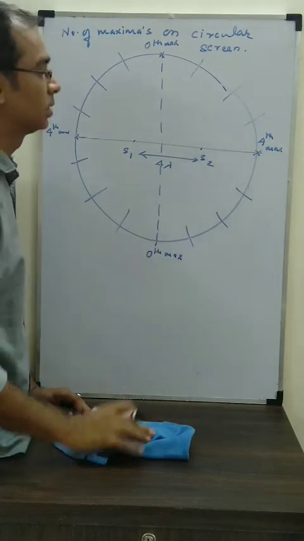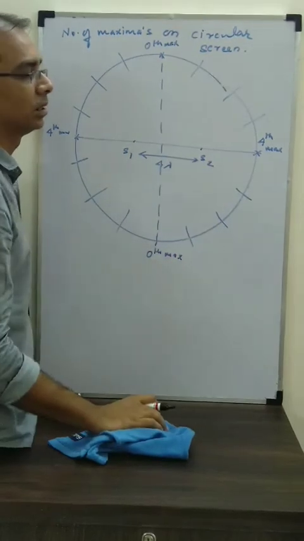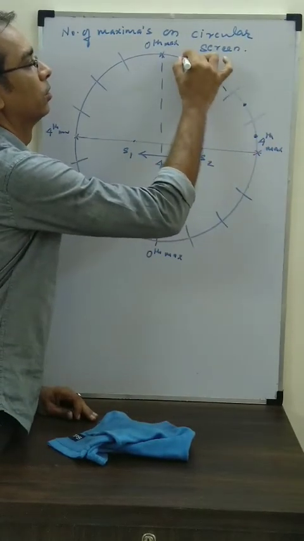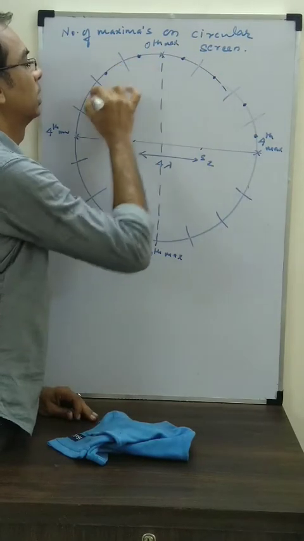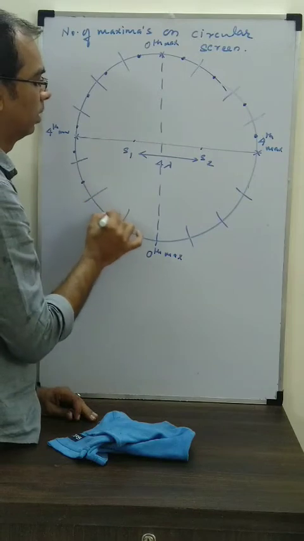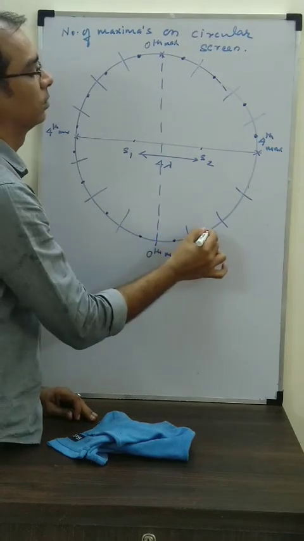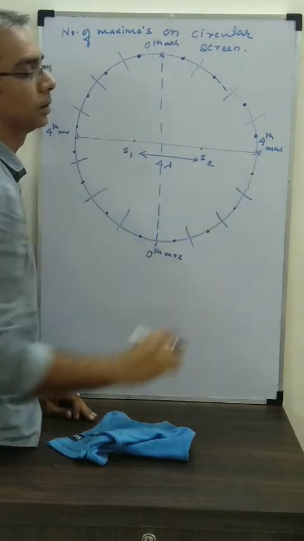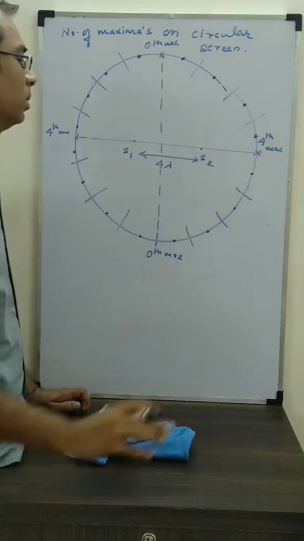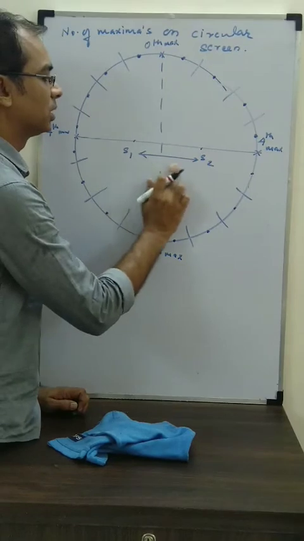Then how many minimas? Between every two maximas there will be a minima. So there are 16 maxima and 16 minima. But now suppose I am going to change this.